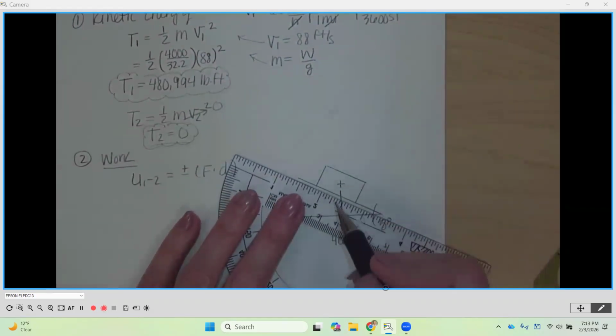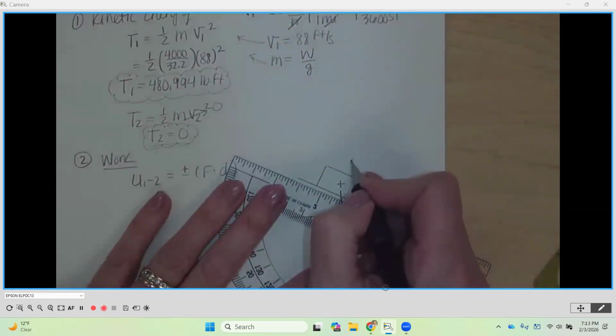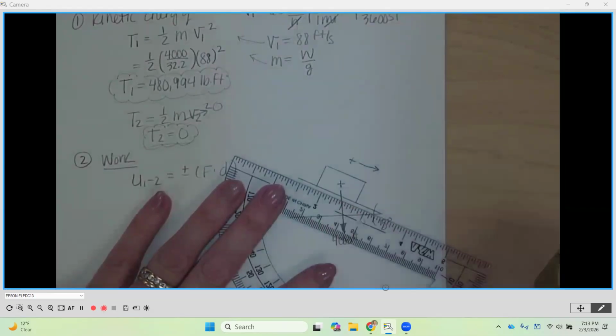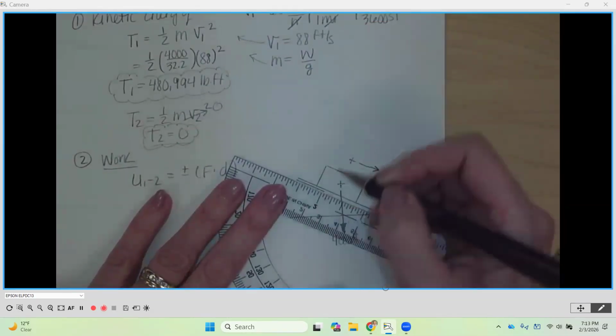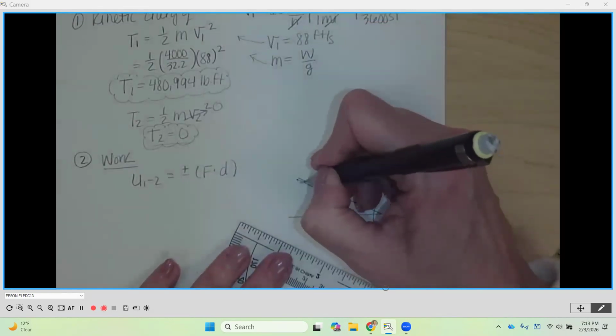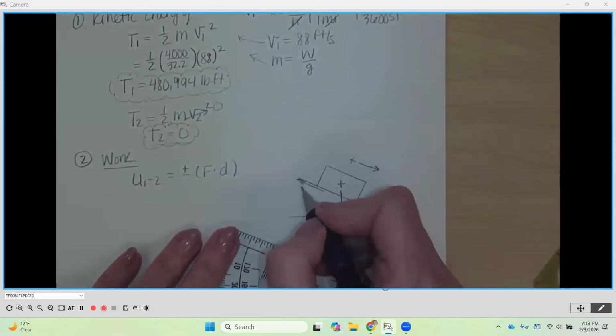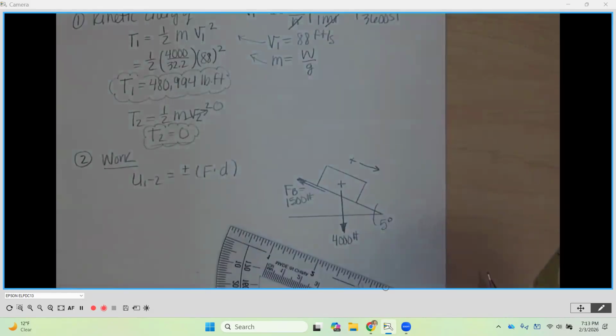So the car is going down the incline, so we're going to say going in a positive direction is going down the incline. The braking force is impeding that motion. So this is going to be the FB, which is equal to 1,500 pounds, right?